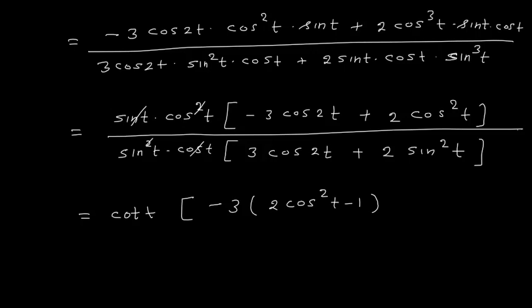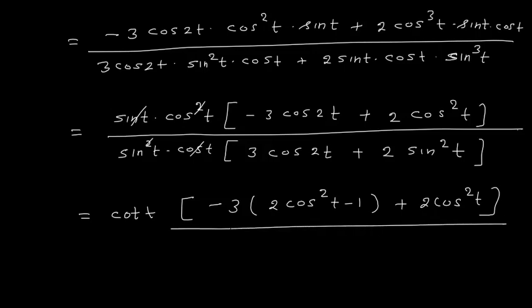So minus 3 times 2 cos square t minus 1, plus here I have 2 cos square t. This whole divided by, we have 3 times, now here in terms of sin I will write 1 minus 2 sin square t, then plus 2 sin square t.